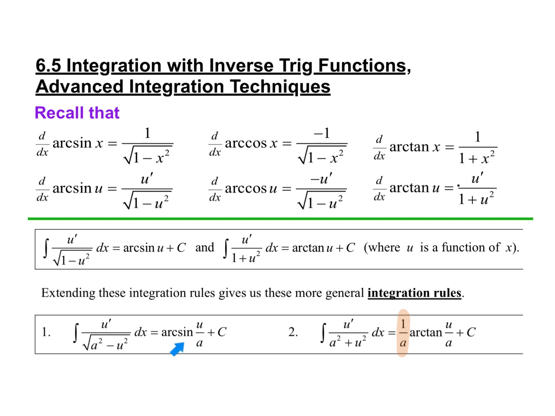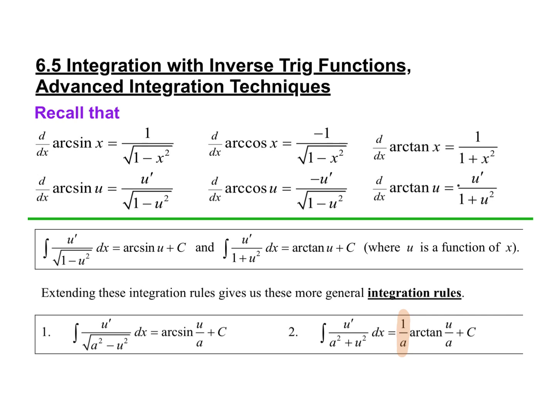So you need to know this one, you need to know this one. And again, the reason why we see this extra A here and here is because if this front term is not a 1, and it's some other number, that A is just the square root of whatever that number is.